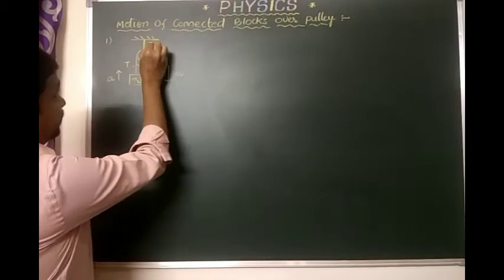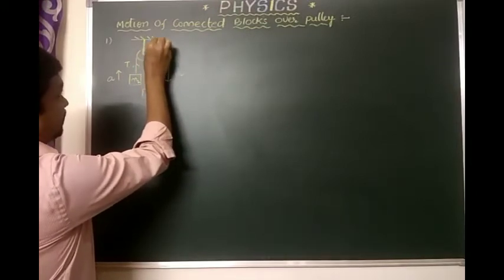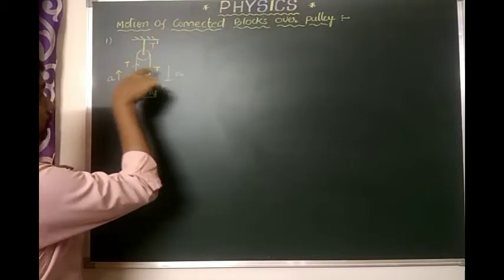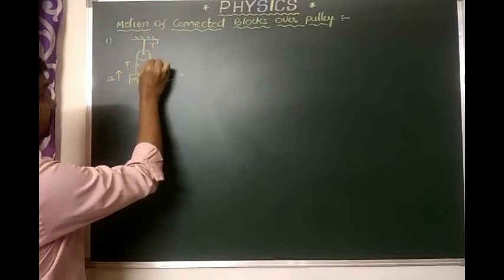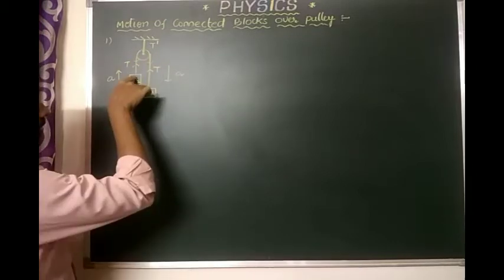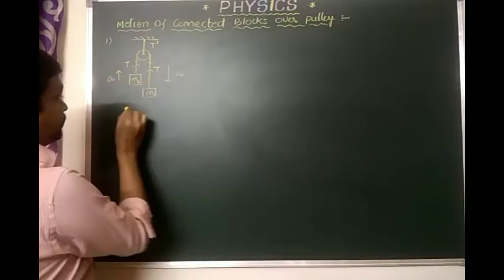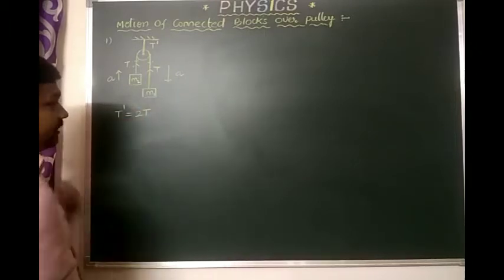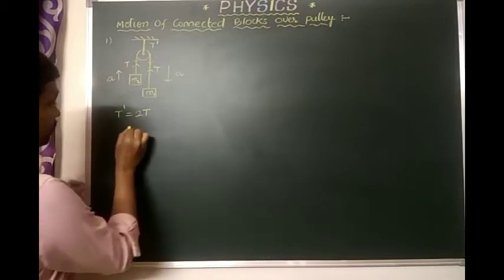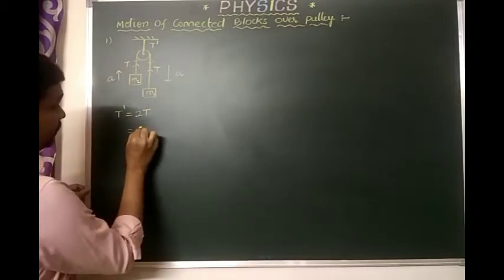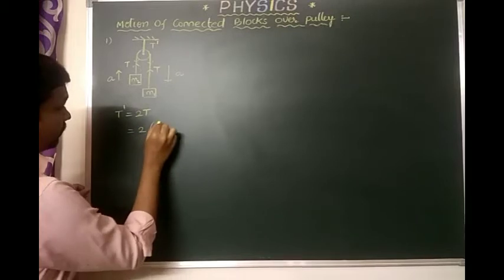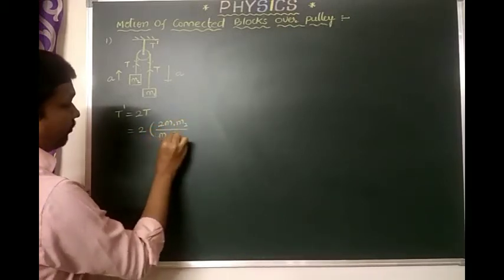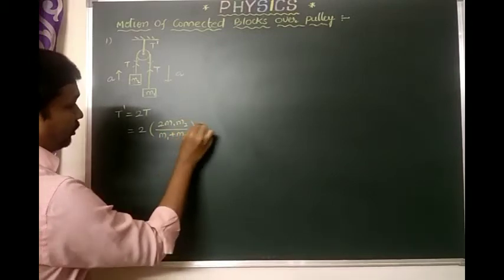Let the tension in this be T dash. Both tensions act in the downward direction, toward the fixed point. So T dash equals 2T, and we can write 2 into 2m1m2 by (m1 plus m2) into g.